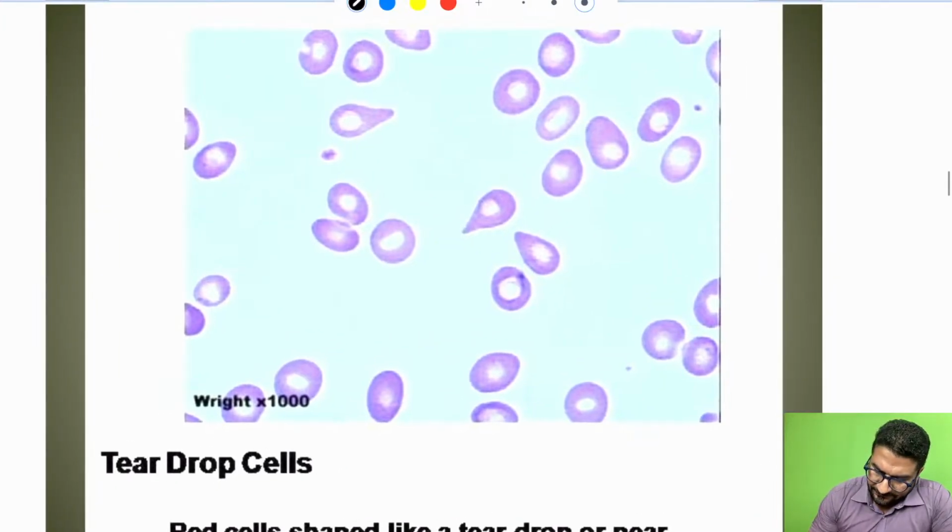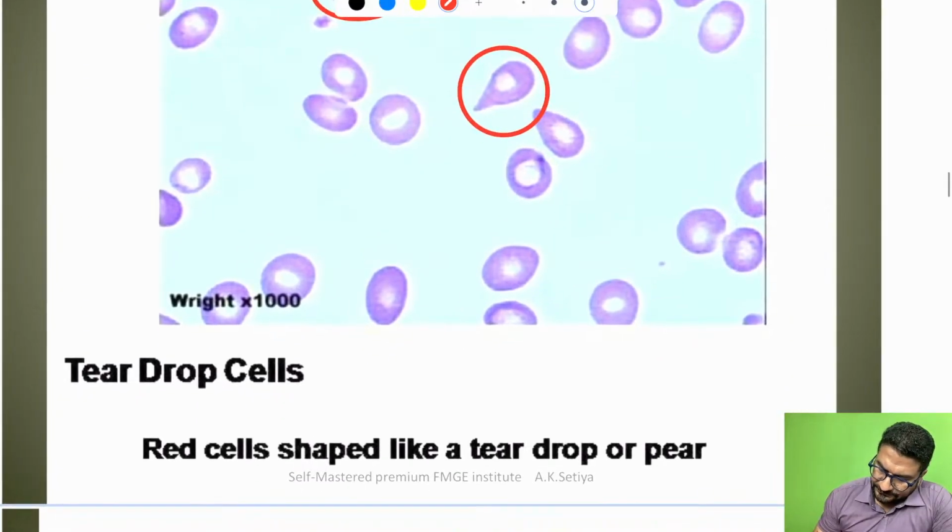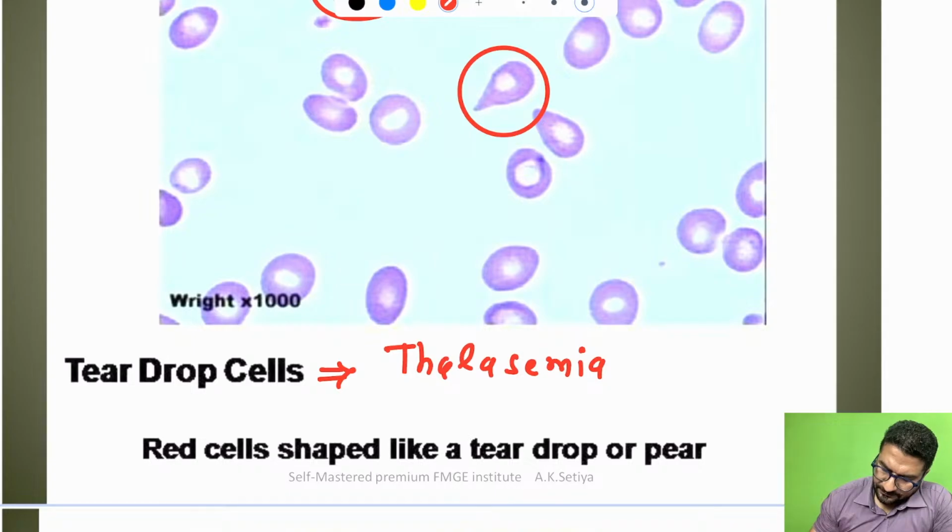Okay, now look at the screen. We have teardrop cells. Teardrop cells means RBCs that look like a drop of tear. Understand, these are seen in a patient with thalassemia. And remember, where else do we see them?